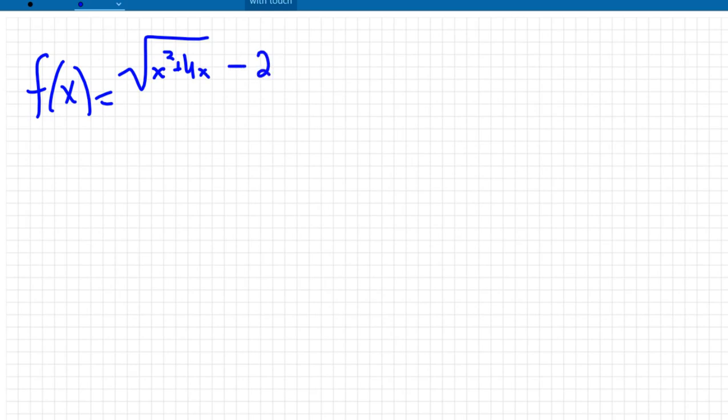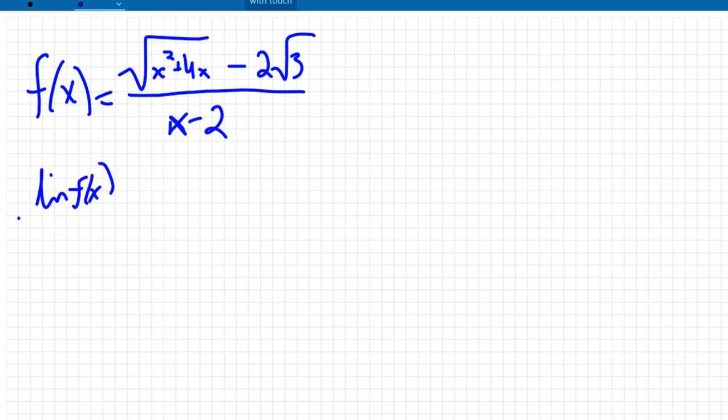So we have our function f of x equal to the square root of x squared plus 4x, minus 2 times root 3, all divided by x minus 2, and we want to find the limit of f of x as x approaches 2.